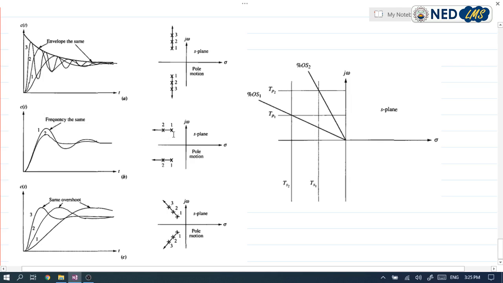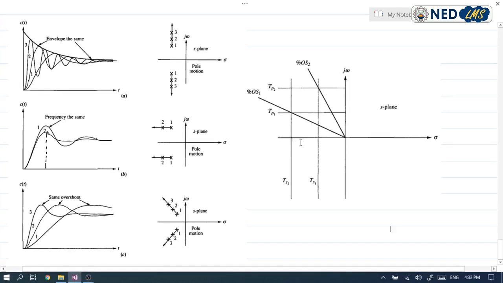In this case, if we keep the imaginary part of the pole constant, we will get the same frequency, which means that they also have the same peak time. And if the poles are located on the same radial line, it is clear from this curve that they all have the same overshoot.